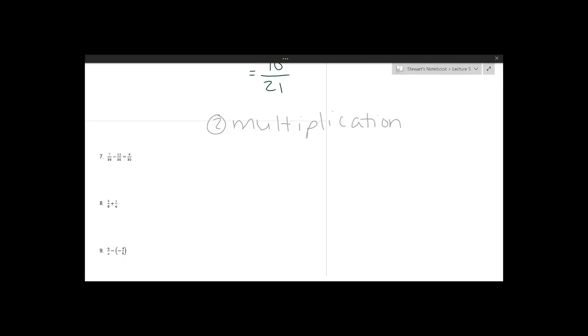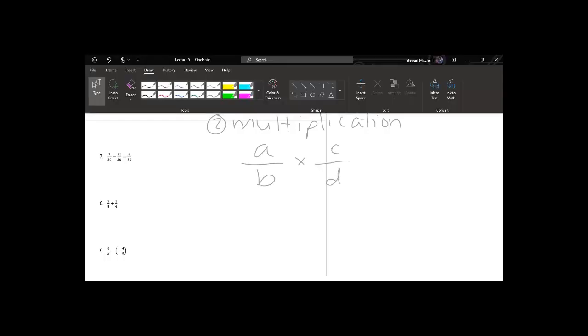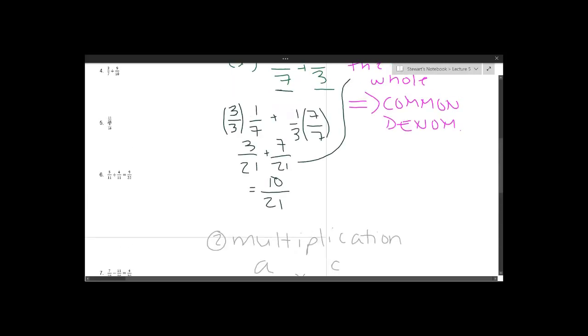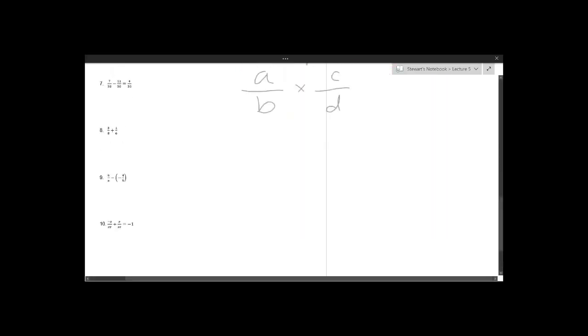If you consider any two arbitrary fractions, a over b times c over d, all that you do, which is essentially what we did up here, is you just multiply straight across the numerators and denominators.